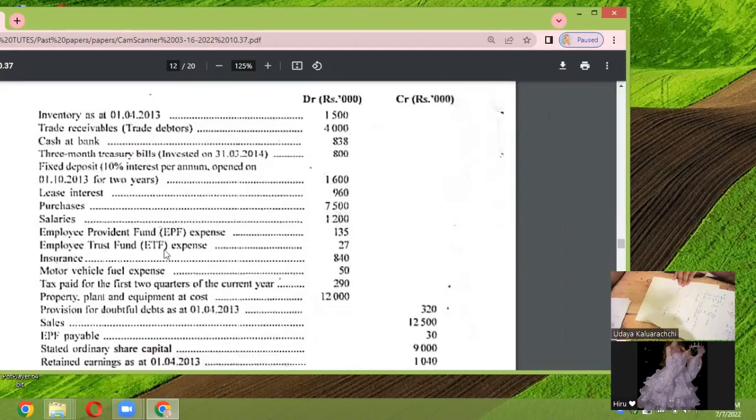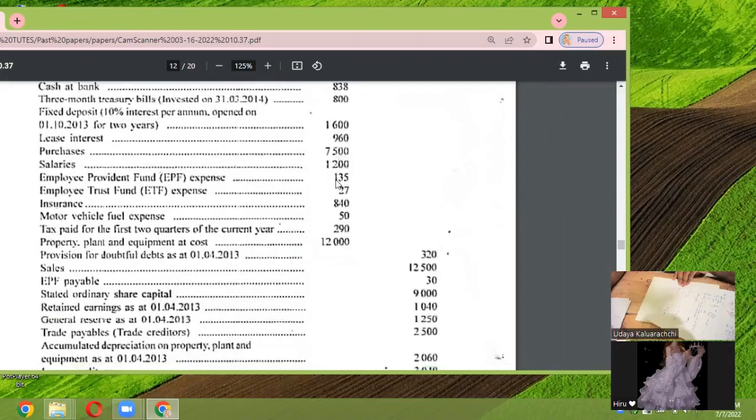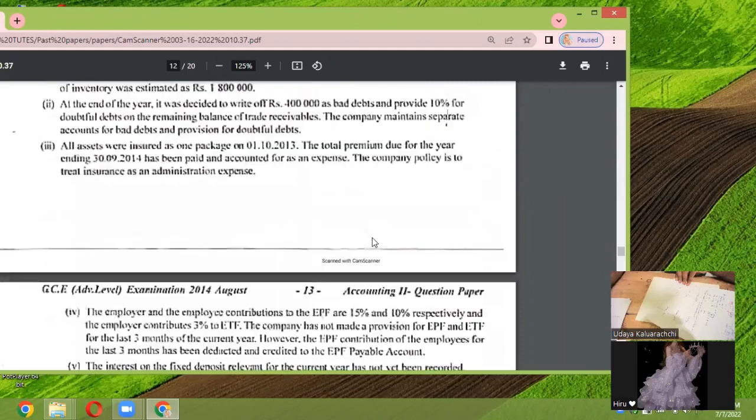Now look at EPF expense, 135, right? Does it say that has been paid?